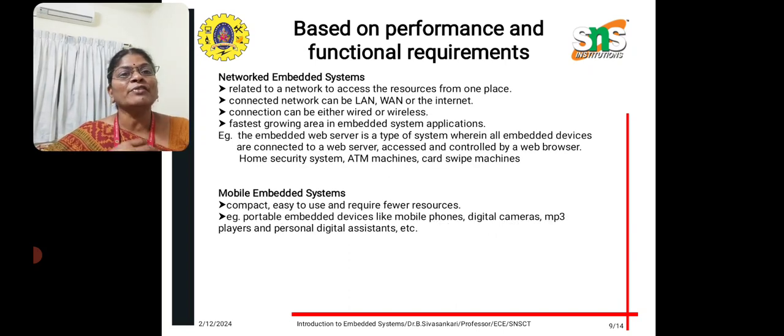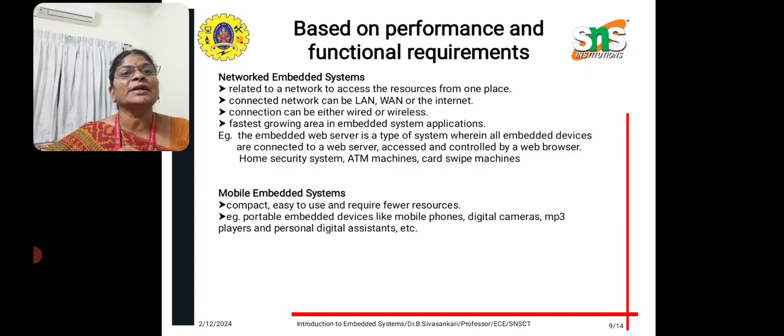And next, networked embedded systems. A networked embedded system is connected to a network to access resources from one place, like a LAN, WAN or other network.